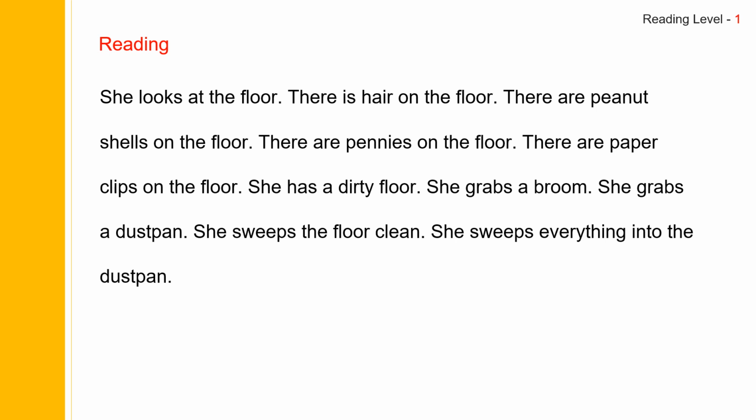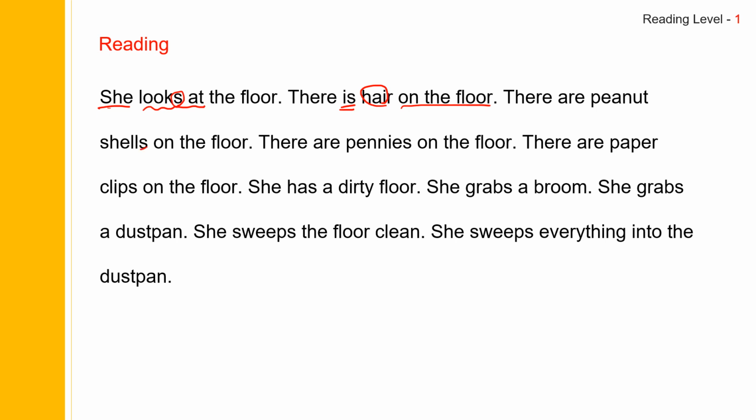Okay, let's read the story one more time. She looks at the floor. So she's third person singular, we have an S, and then look at. Hair is non-countable, so we need to use is. So there is hair on the floor.